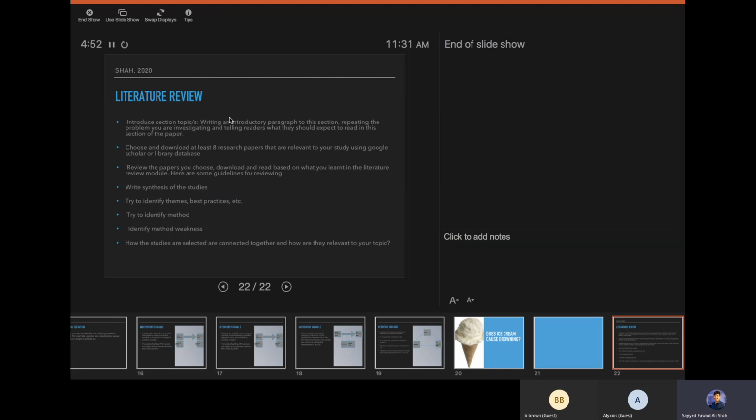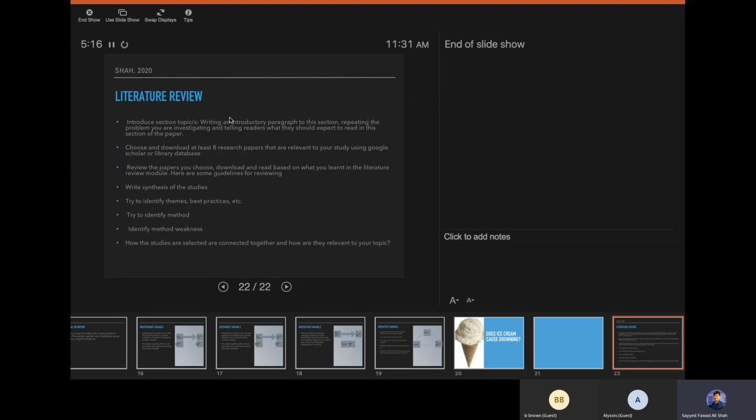Now, the next is reviewing the papers you choose, download, and read based on what you learned in the literature review module. And then how you are going to write after that, the first thing is that you are going to write a synthesis of the studies.